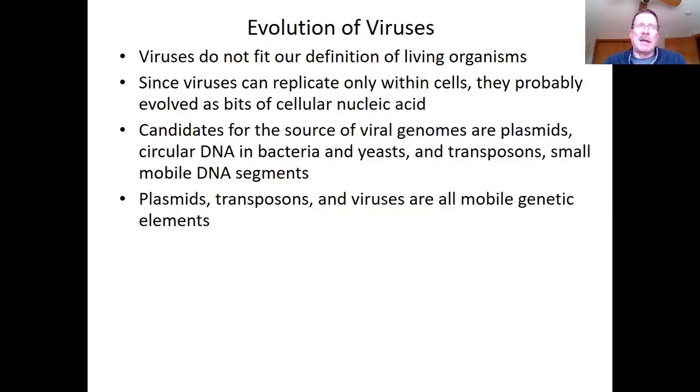That's probably the development, as you had this essentially free genetic material. They evolved a protein coat so that they could remain viable and not get chewed up by enzymes in the environment until they got passed on to the next host cell.